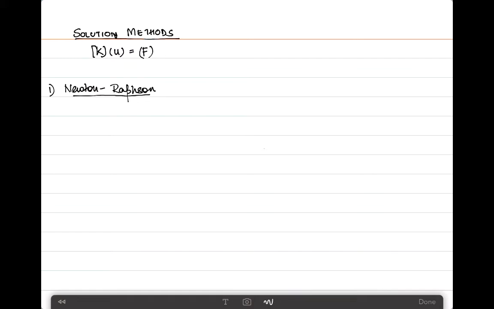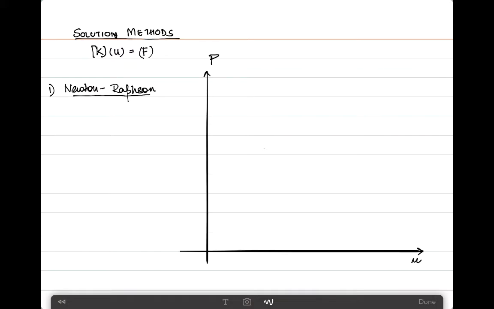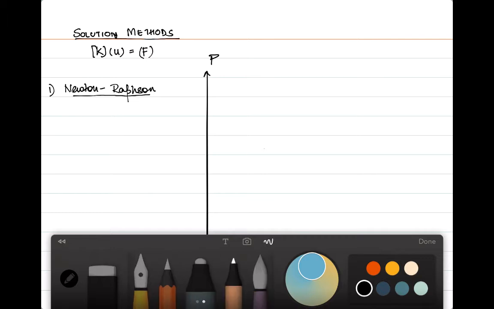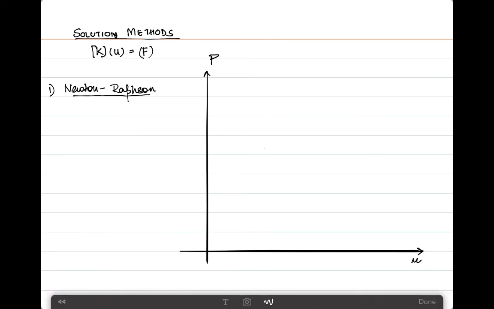So we have a certain problem that we need to solve, and we know that it's going to be loaded and it will deform under that load, but we don't know how exactly that will happen. Let us consider the nonlinear spring problem again and say that for this problem condition, KU equals P is the standard equation that we are going to solve.